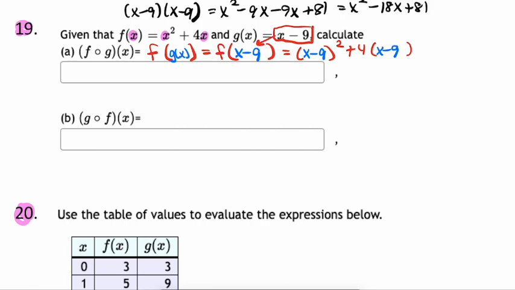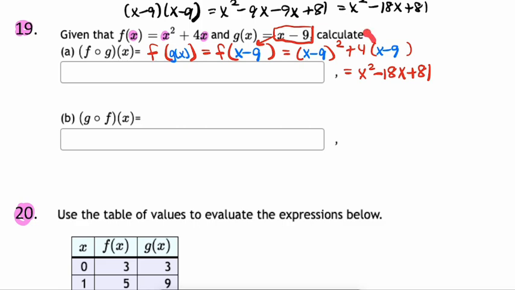So you do have to FOIL that, okay? So let's put that there, x squared minus 18x plus 81.